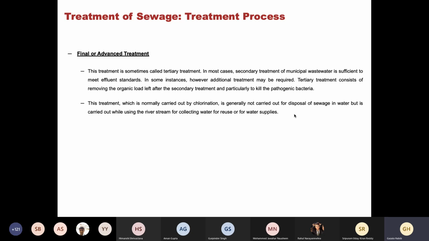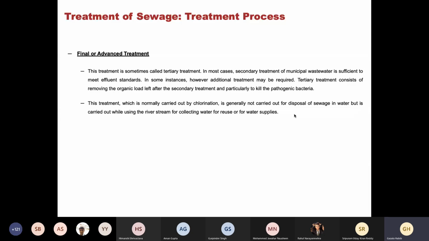Final or advanced treatment. As I said, the final treatment is tertiary treatment, and that is done only if it is required. I'm just reading these points. In most cases, secondary treatment of municipal wastewater is sufficient to meet the effluent standards. In some instances, however, additional treatment may be required.